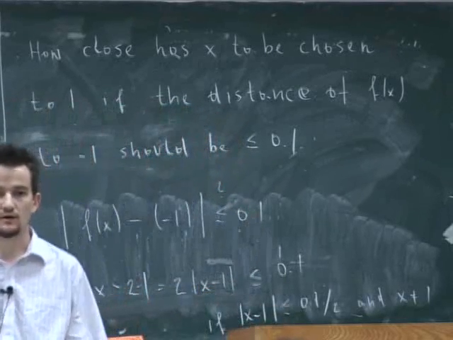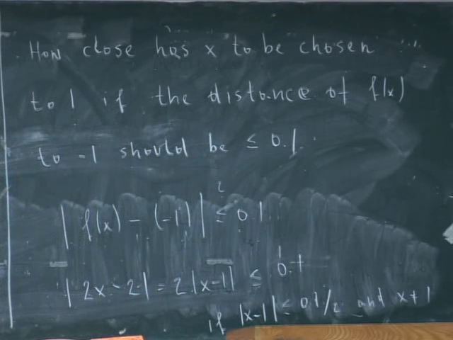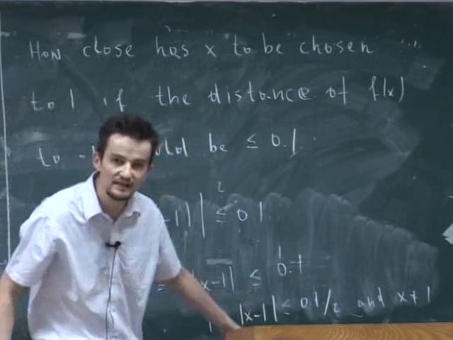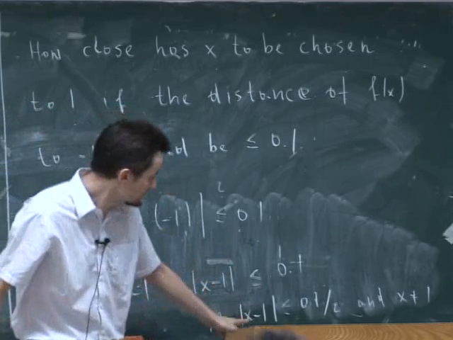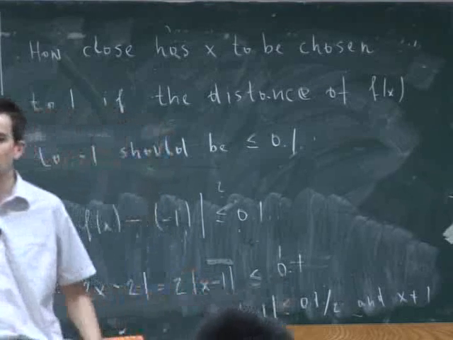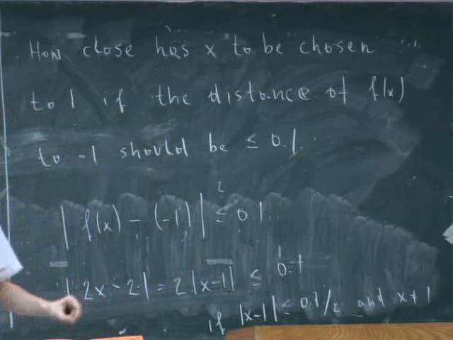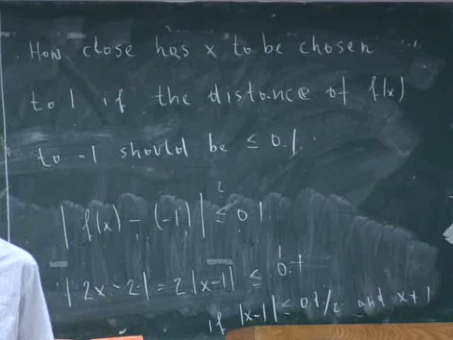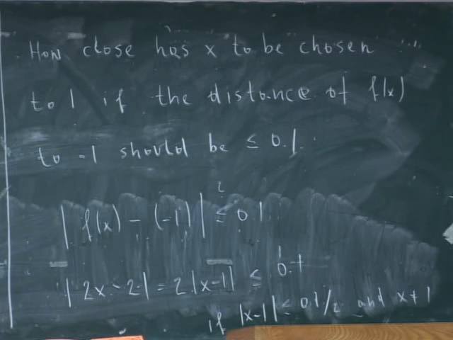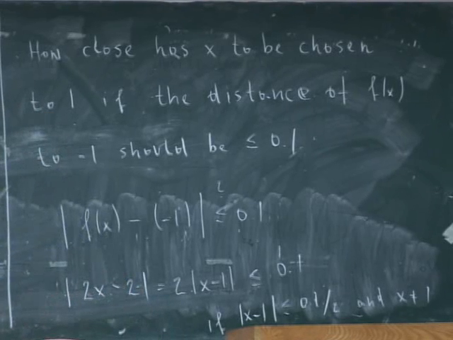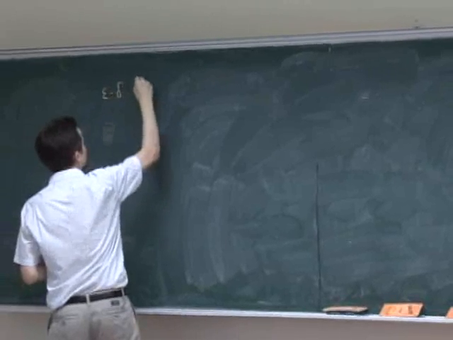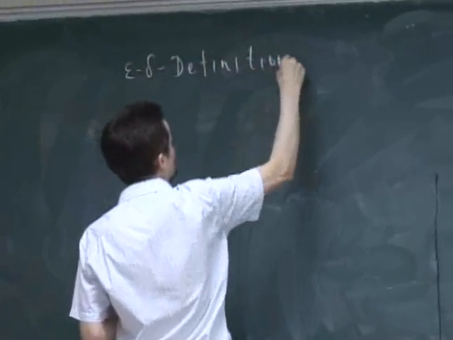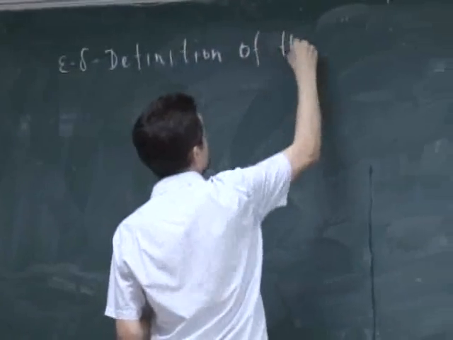And now, the precise definition of the limit is that for every epsilon you tell me, I have to tell you a corresponding delta, such that if the distance between x and 1 is smaller or equal than delta, we will achieve our goal. Namely, the distance between f of x and minus 1 will be smaller or equal than epsilon. And this is the epsilon delta definition of the limit.